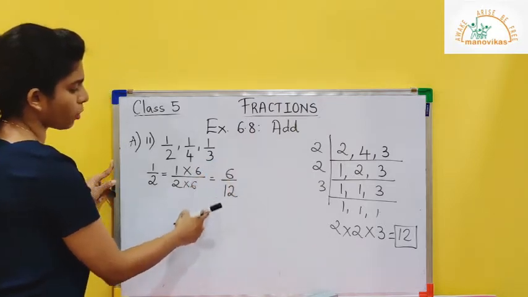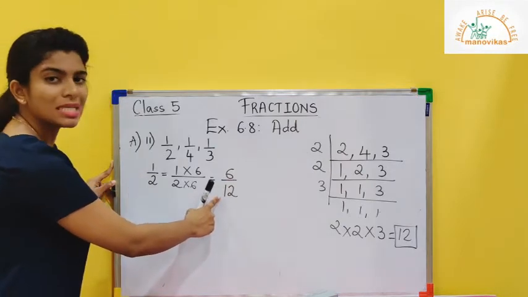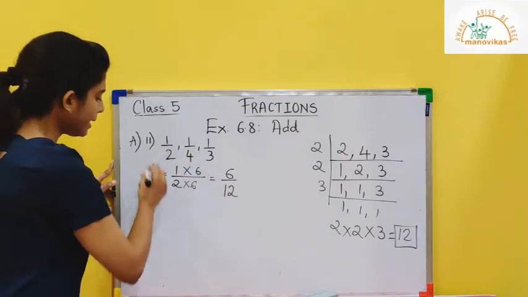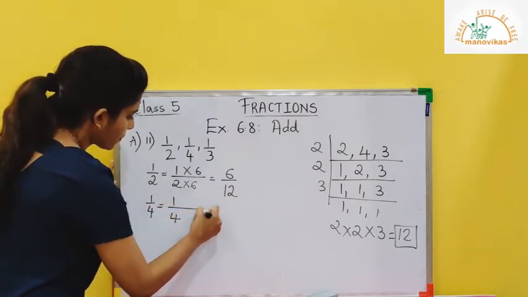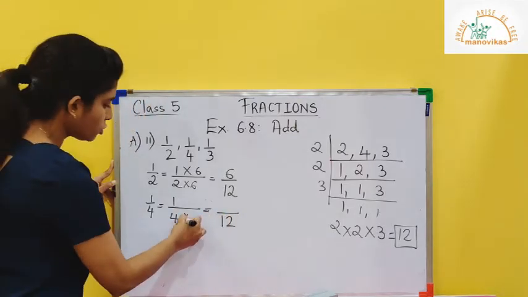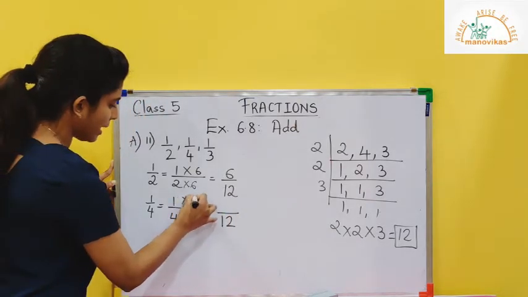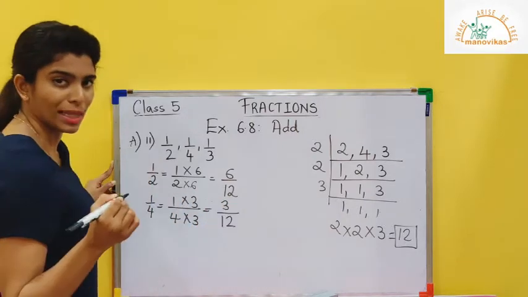So it is 6 upon 12. So I change 1 upon 2 into 6 upon 12. Now bring down 1 upon 4. So this will be 12 here. So 4 into 3 will give me 12 and the numerator should be 1 into 3. So this is 3 upon 12.